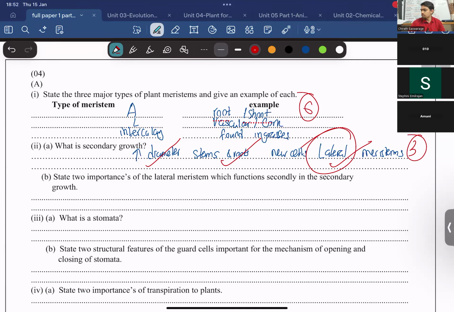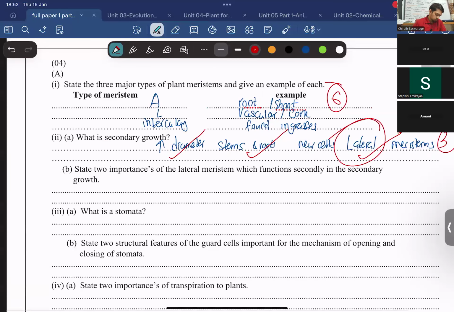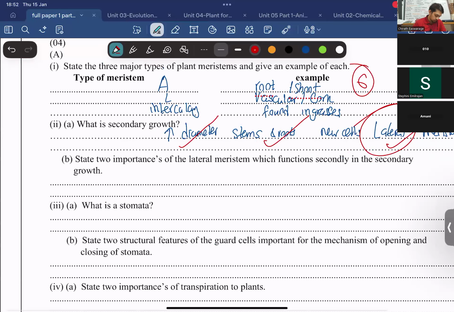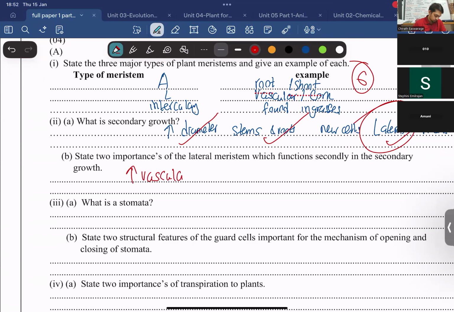Other than increasing the diameter. So what are the secondary functions? You can say increase vascular flow. Support for the shoot. Those are 2 things you can mention.